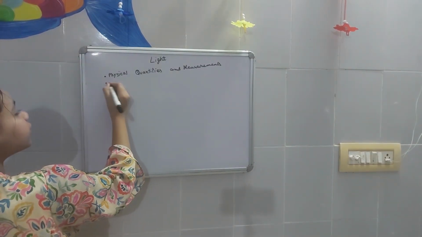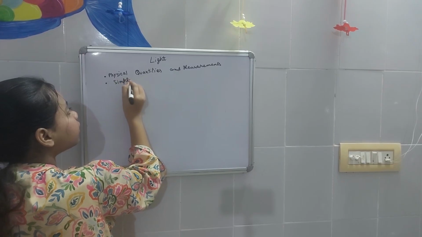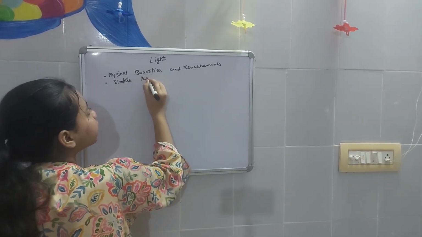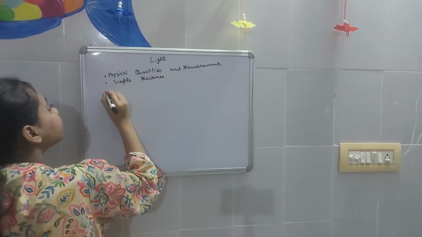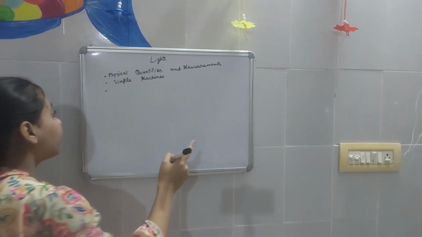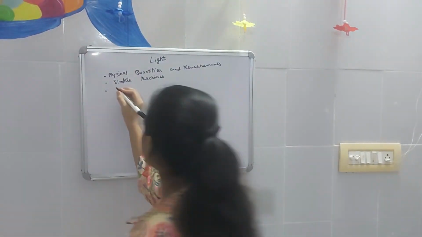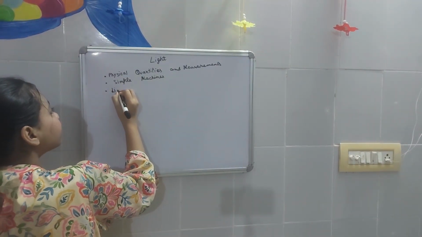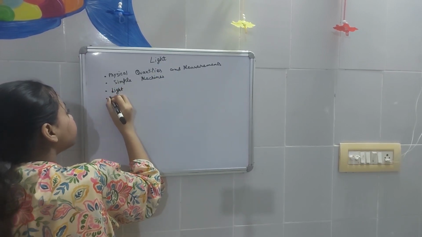There are chapters like this, then simple machines, right? Then what else can we take? Yes, light. And magnetism.